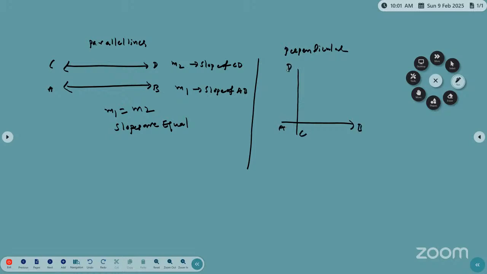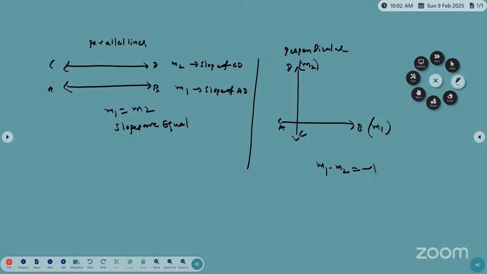This time, are the two lines parallel or perpendicular? Perpendicular. The lines are perpendicular. What is M1? Slope of AB. Nice, very good. If M2 is the slope of CD, then what is the relation? Then the product of the slopes equals -1.